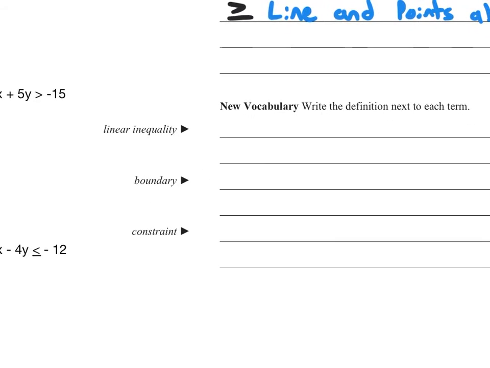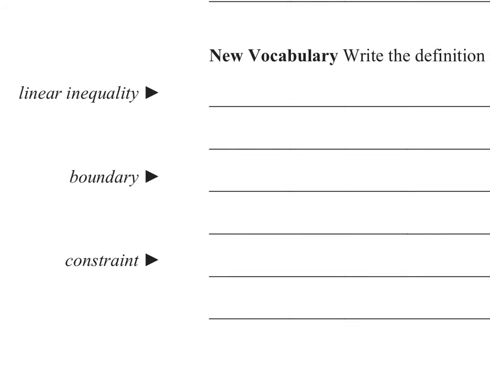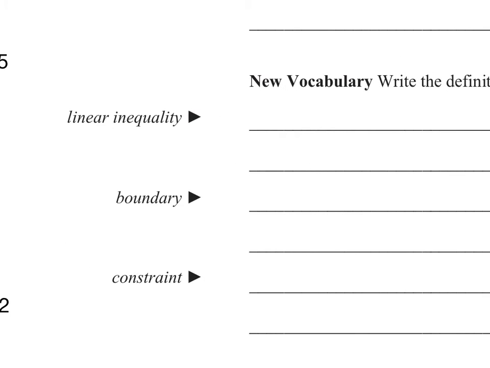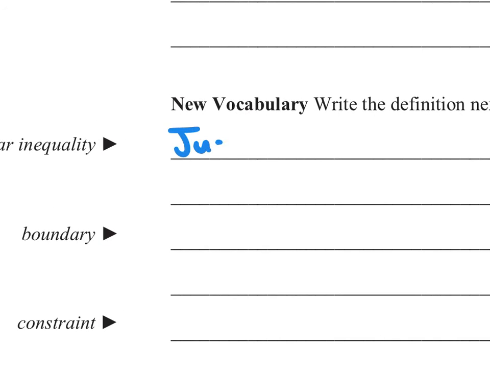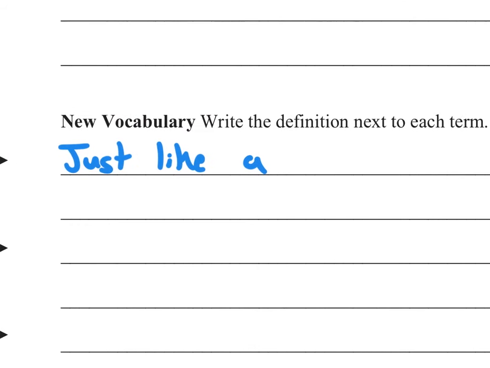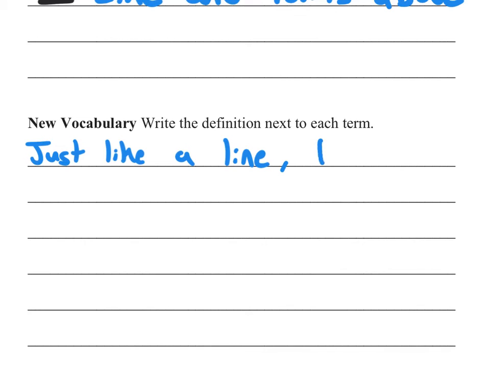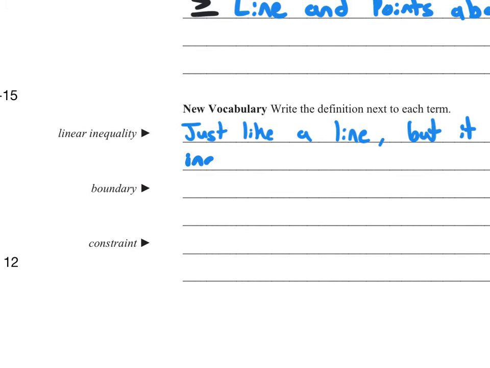So here's what we have. A linear inequality is just like a line, but it includes shading.